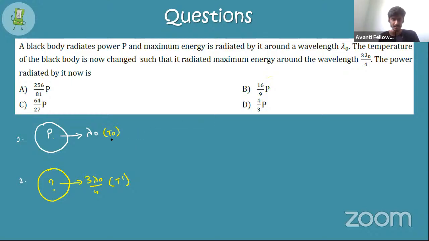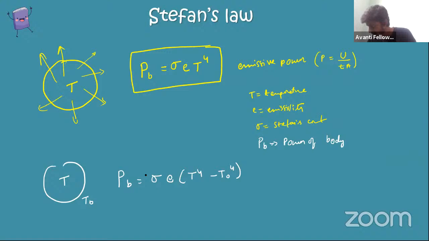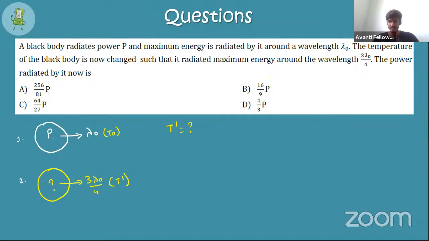So we'll consider temperature. Initial temperature is T naught, wavelength is lambda naught, final wavelength is 3 lambda naught by 4. Can you tell me what is the final temperature, T dash, using Wien's displacement law? Please check, try it out.